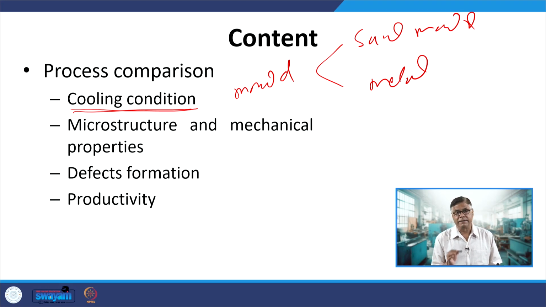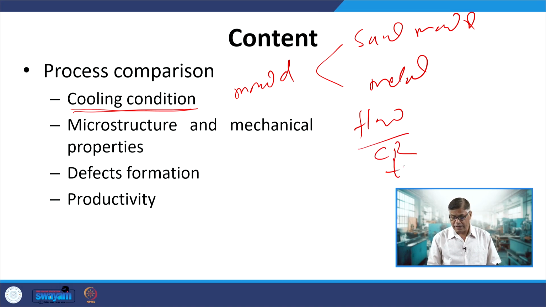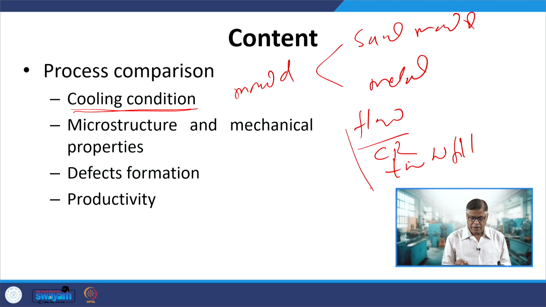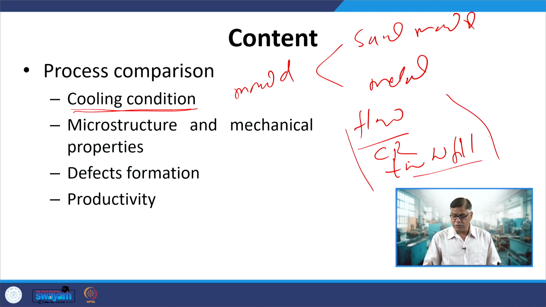That in turn brings a lot of differences in the flow of the metal, the cooling conditions, the time to fill the cavity, and a lot of other things. If the flow is fast, slow, or taking too long, this will bring a lot of difference in the performance and the soundness of the casting.